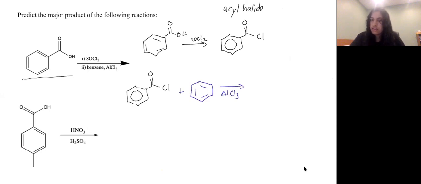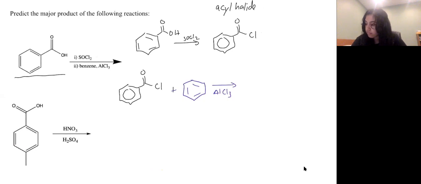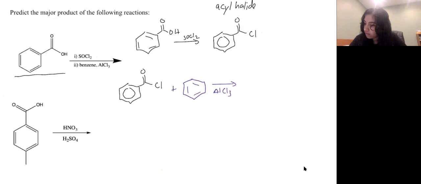Yeah, an acylation. So basically when you have an acyl halide and a Lewis acid catalyst, they're going to react with each other, and the halogen from the acyl halide gets chopped off and turned into a cation. So after these two react, you get your acylium ion.